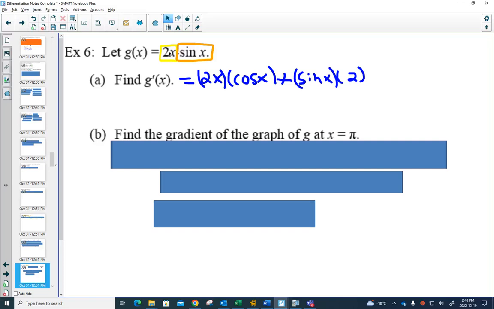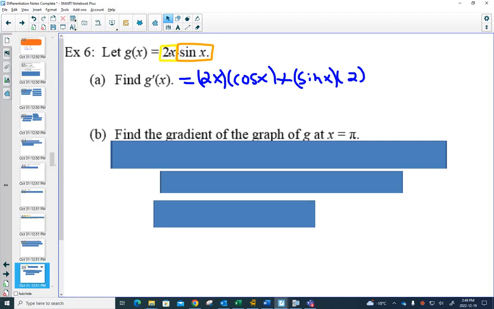So 2x sine x, that's actually a pretty crazy looking graph. It's actually kind of cool. Oh, wow. It's like a sine graph that's getting bigger and bigger as you go along. And this happens to be the formula for every single tangent line.